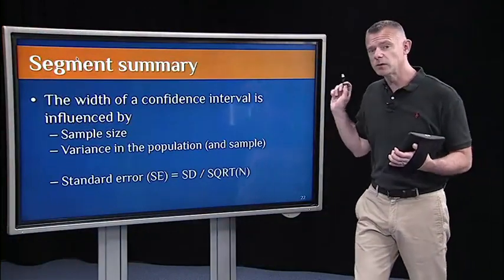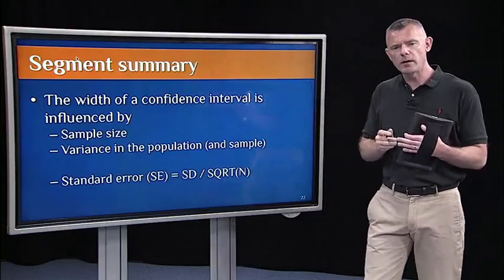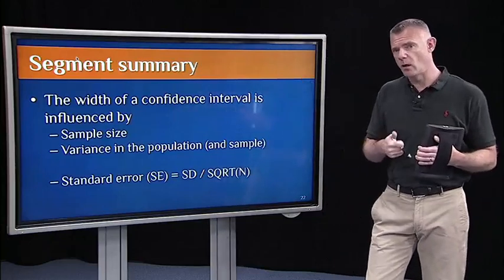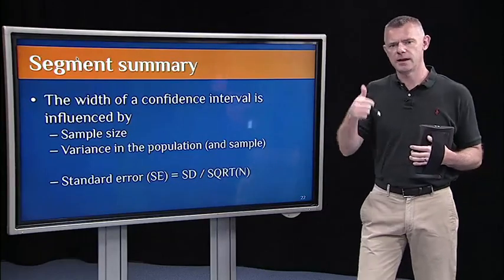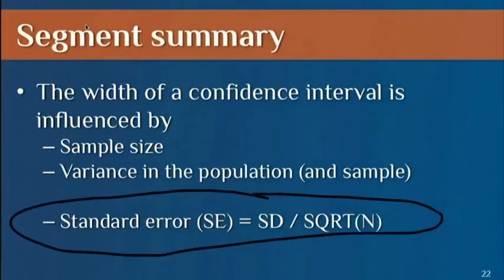And perhaps most importantly, just know that the width of the confidence interval, what influences that? Well, standard error. And what influences standard error? Sample size and variance in the population. And that hopefully now conceptually rings true to you, but also mathematically should make sense to you because we've dealt with this formula a few times now. So standard error is standard deviation over the square root of n.